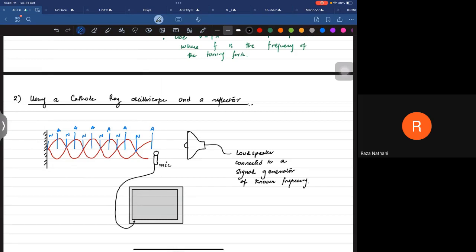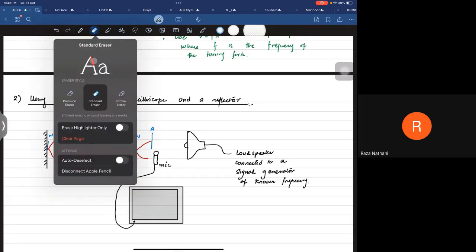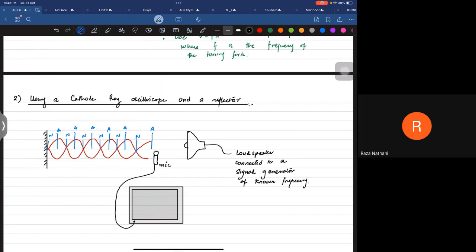Now you guys need to understand that when the microphone is moved this way, this is your CRO.